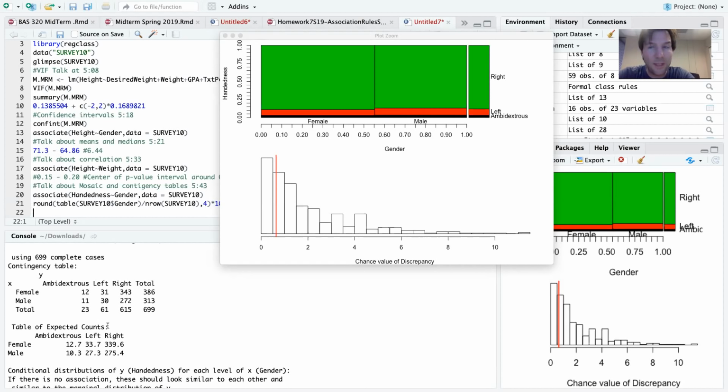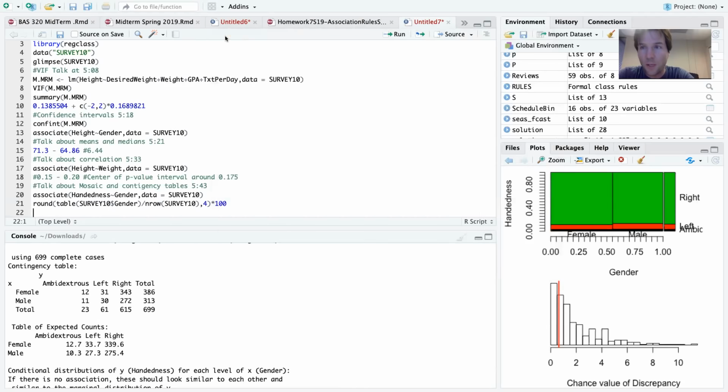If you notice right here, we have the expected counts. The expected counts would be row total times column total over grand total. So any of these numbers can be found if I take, please tell me as I figure this out, 200 points first person to tell me, not handedness. If I take the row total right here, or column, you can call it whatever you want, I do column total times row total over grand total.